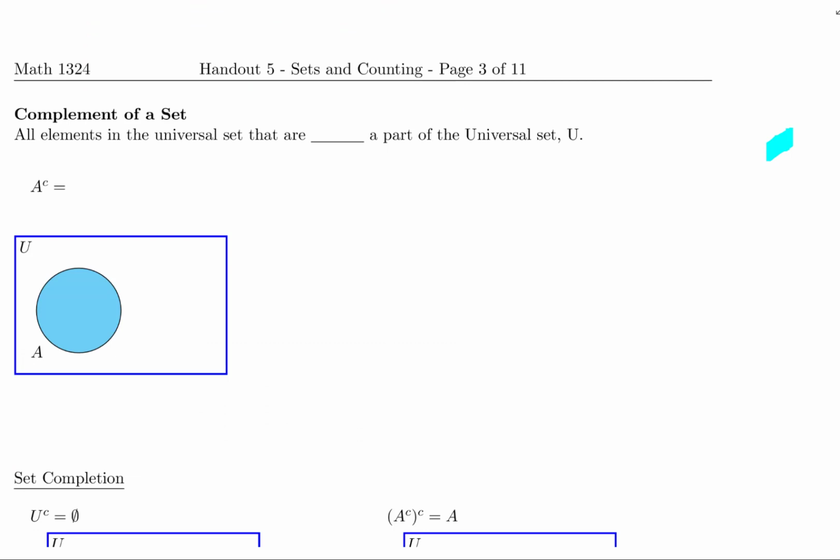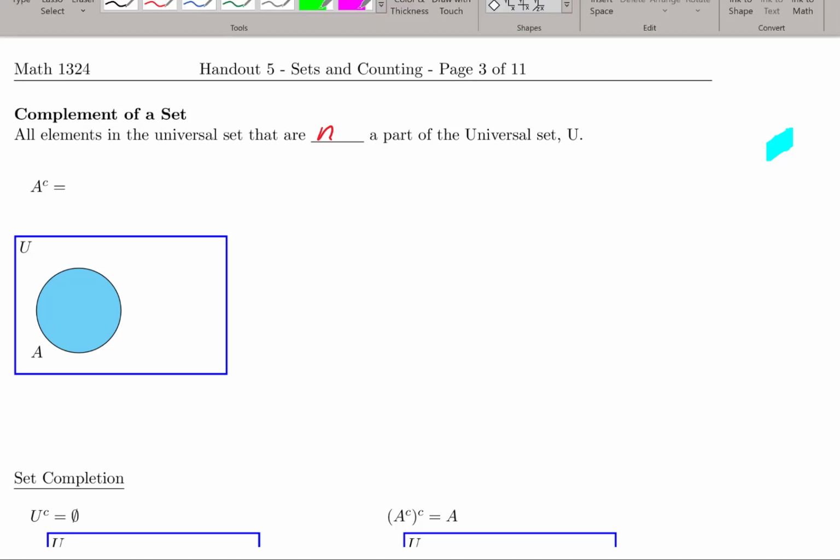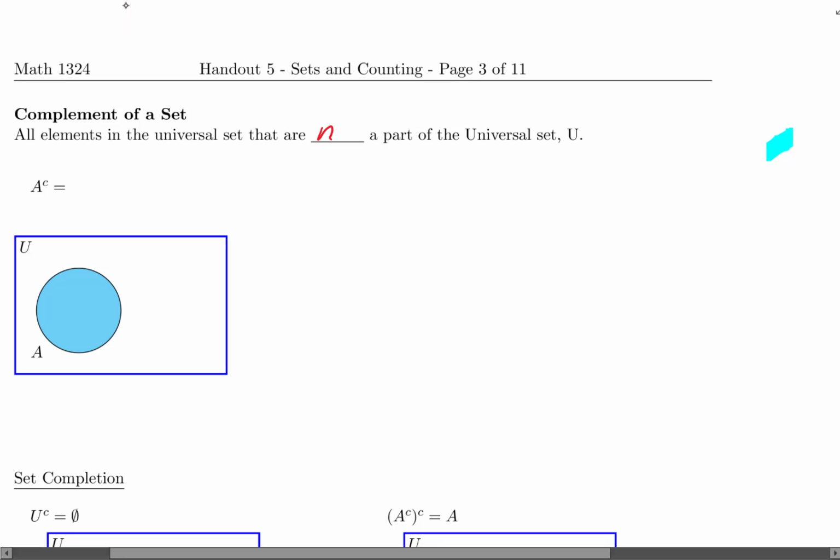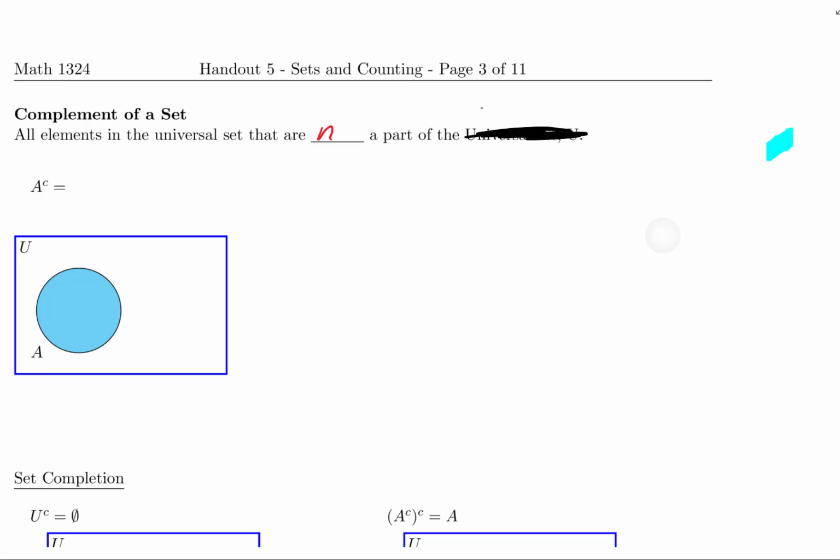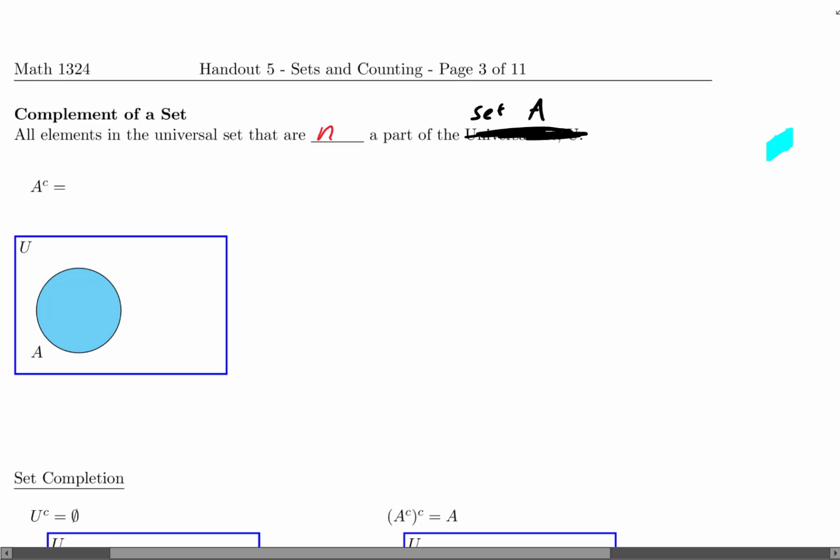And so now we talk about the complement of a set. These are all elements of the universal set that are not a part of, we got a little bit of a typo here, not a part of the universal set. It should say the set A. Right, if A is what we're talking about.